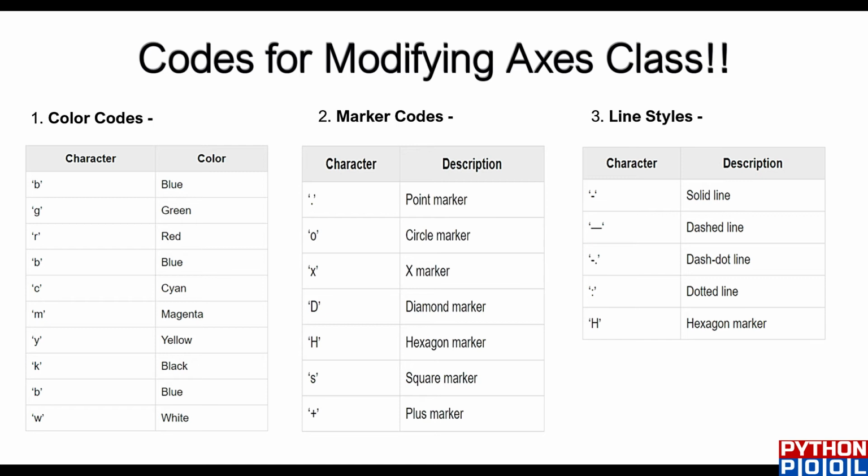If my graph is going straight upwards, but at some points there is a certain change in the graph that should be noted, I could use the marker codes, whether it should be a dotted point, an X point, or an O point. I just give it as a characteristic in the class or in the function, and it would do that for me.